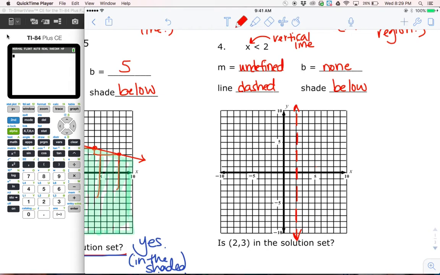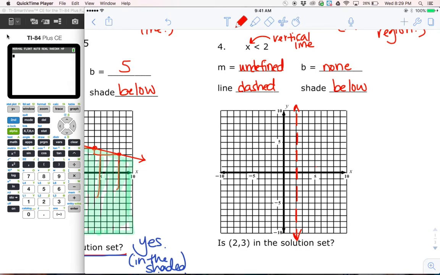Now, I'm not going to shade down here for below. That makes no sense. I need to shade either this side or this side of my line. It's telling me to shade below, but in this case, it doesn't really make sense. So just think about it. Where are x's less than 2? Would you go left from 2, or would you go right from 2 if you wanted them to be less?